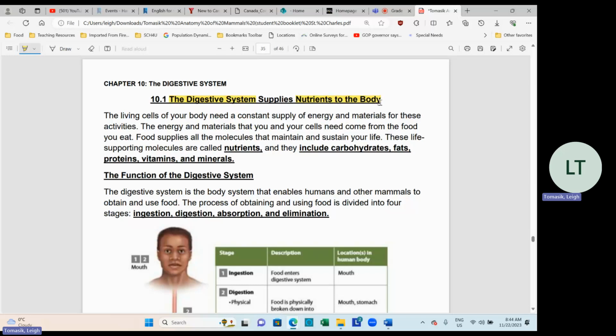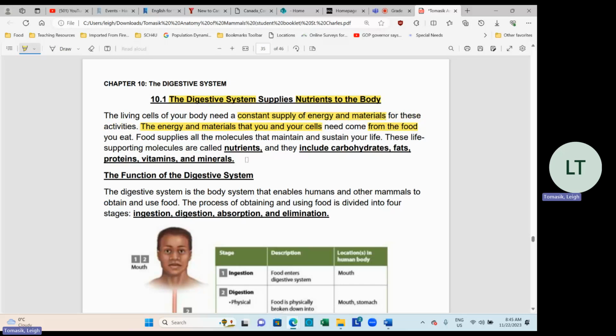We get lots of different nutrients from food, and we need to turn them into energy and building materials for our cells. Right? And we need a constant supply of energy and a constant supply of these materials because our body is always making more cells, right?